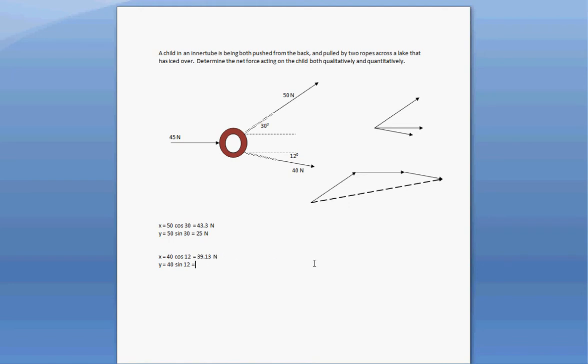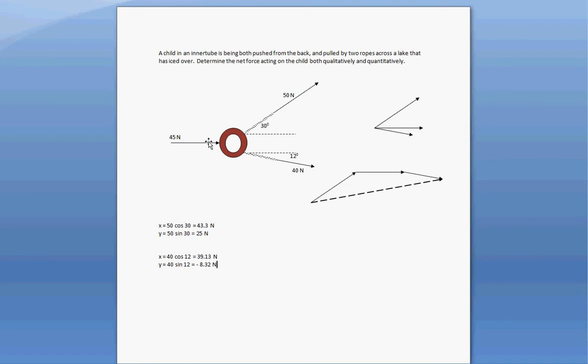And for this one here, 12 sine times 40 gives me 8.32 newtons. Now notice that both these vectors are moving to the right, so that's positive in the x direction. But this vector here is pointing down, so that's a negative y direction. So this answer here is actually a negative.